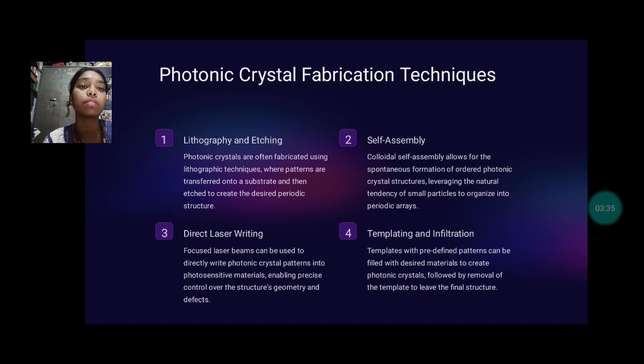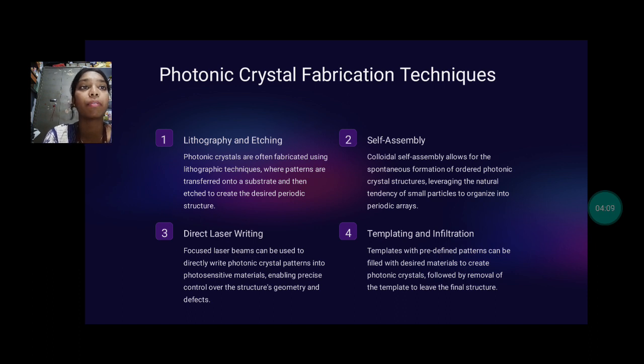Focused laser beams can be used to directly write photonic crystal patterns into photosensitive materials, enabling precise control over the structure's geometry and defects. Now step 4. Templating and infiltration. Templates with predefined patterns can be filled with desired materials to create photonic crystals, followed by removal of the templates to leave the final structures.